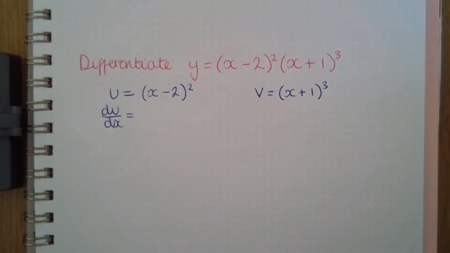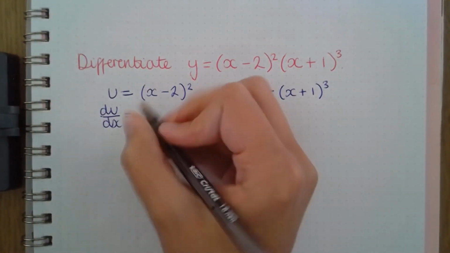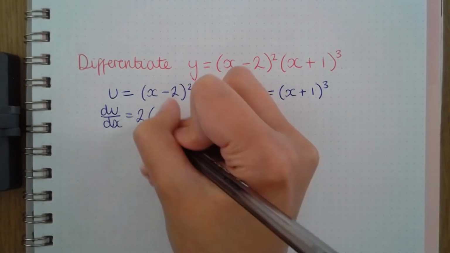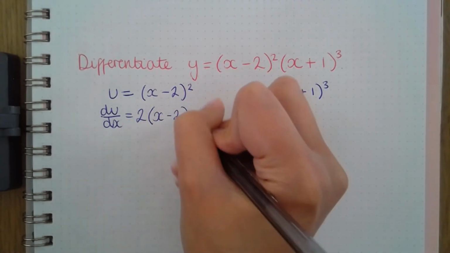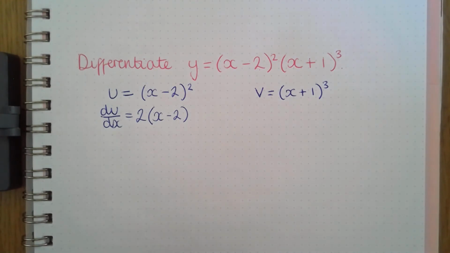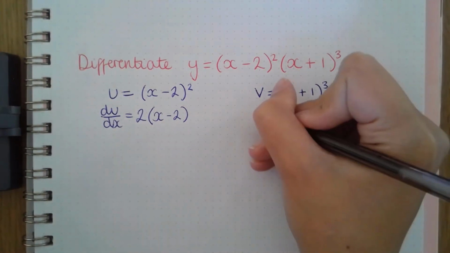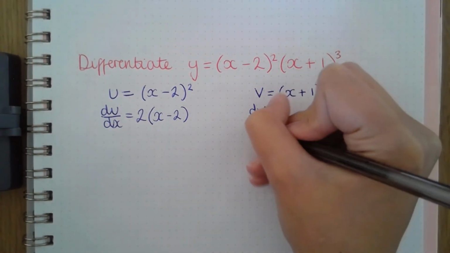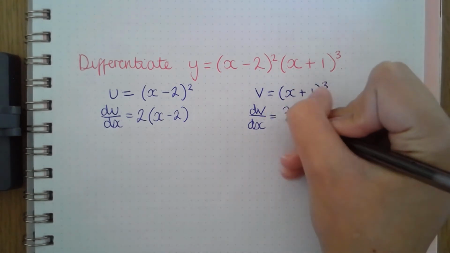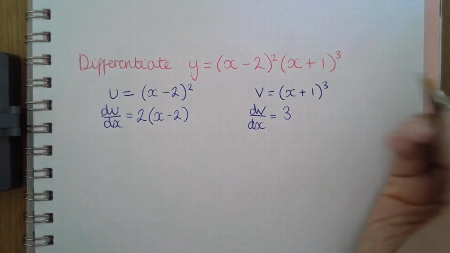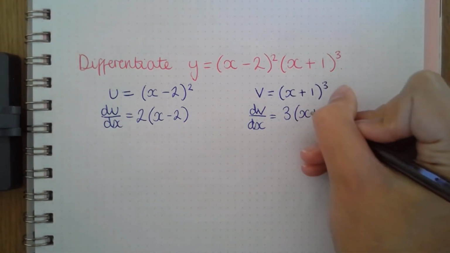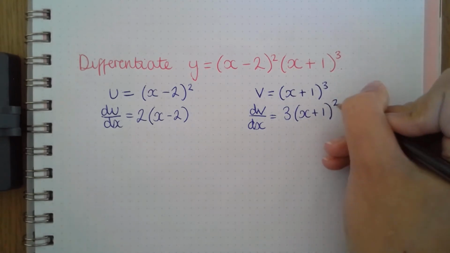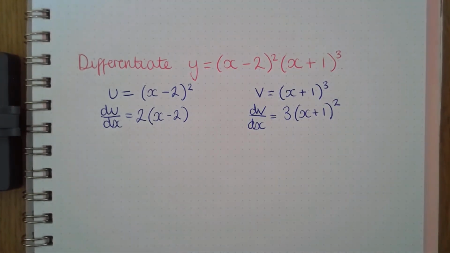So differentiate u with respect to x. So I've got to use chain rule. So I get 2 lots of (x take 2) to the power of 1, but I'm not going to write the 1. And then dv dx equals 3. Differential of x plus 1 is just 1, so 3(x plus 1), take 1 from the power, is squared.